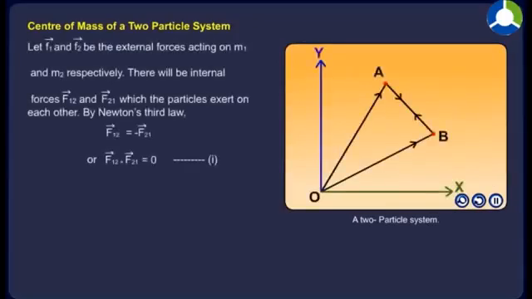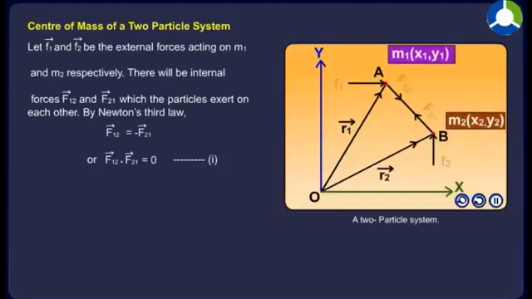Let F1 and F2 be the external forces acting on m1 and m2 respectively. There will be internal forces F12 and F21, which the particles exert on each other.